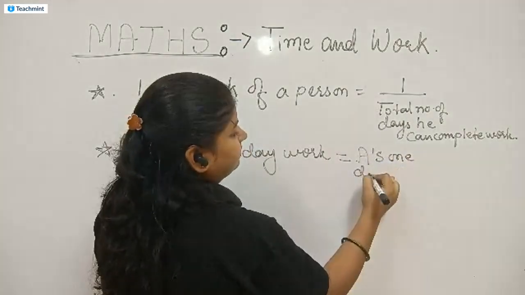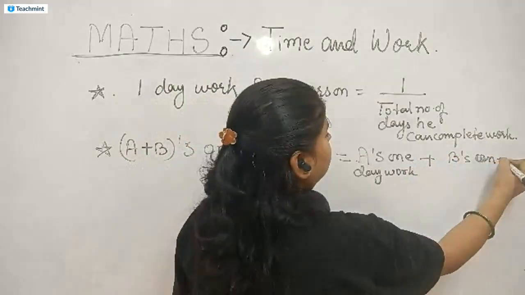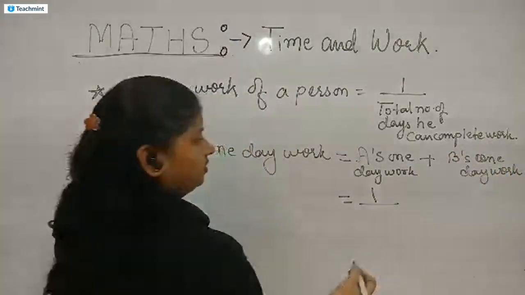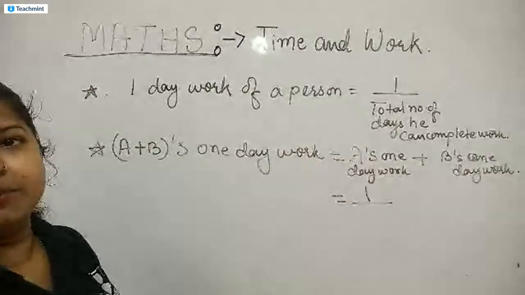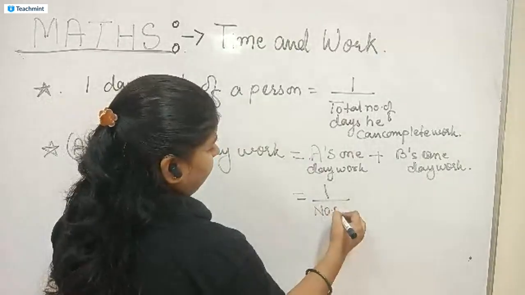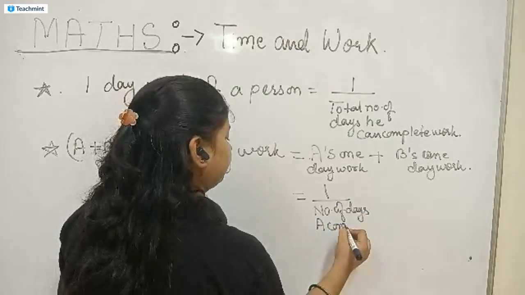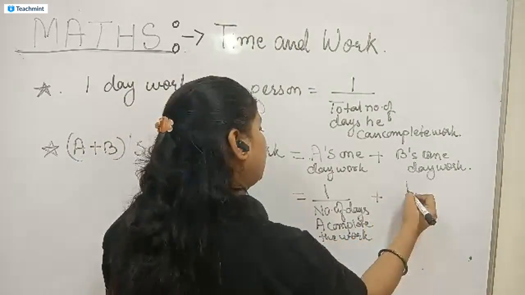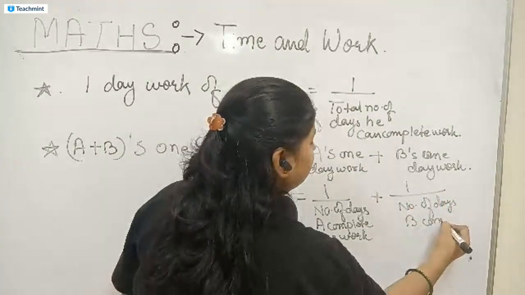A's 1 day work plus B's 1 day work, that is 1 upon number of days A will take to complete the work, plus 1 upon number of days B will take to complete the work.